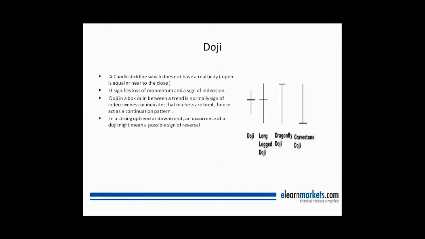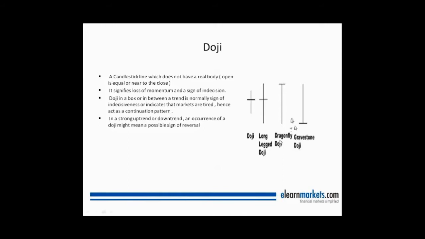There has been a continuous fight between the bulls and the bears during the trading session, and the close was actually equal to the open. Whereas the first diagram tells us that the markets are comparatively tired and in a narrow range bound.